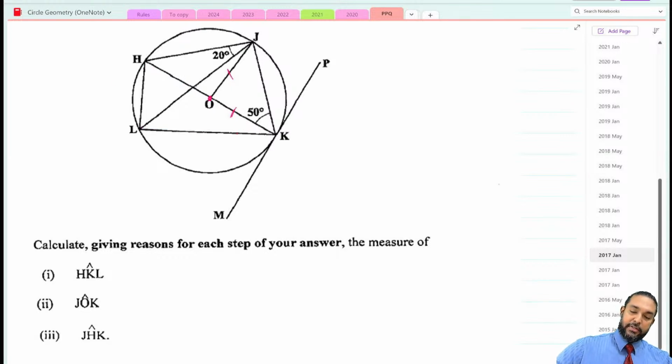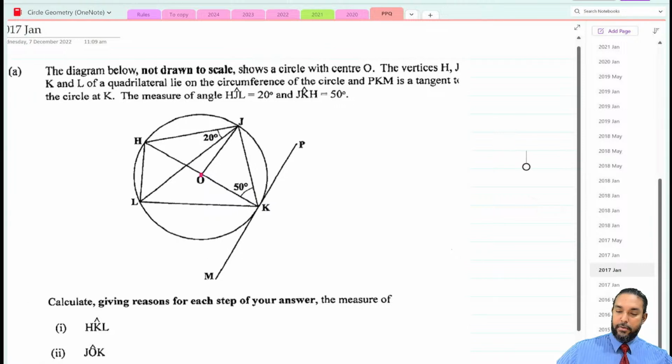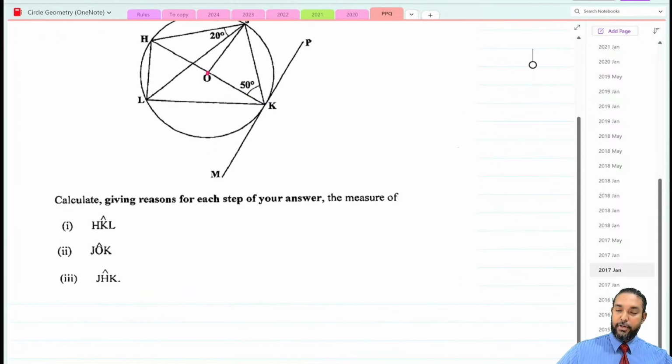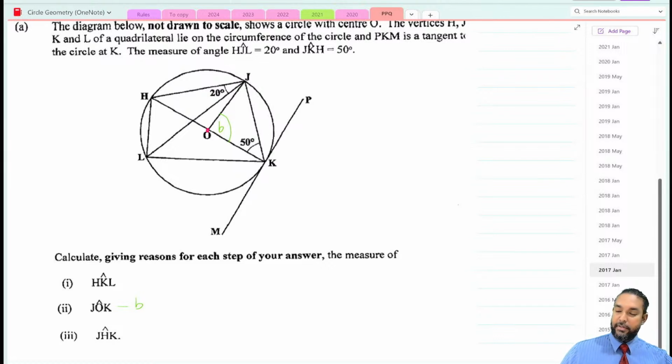HKL is this angle here. We'll call that angle A. JOK is this angle here. We'll call that angle B. I agree with that, that's 80.